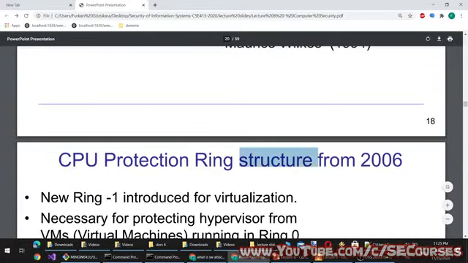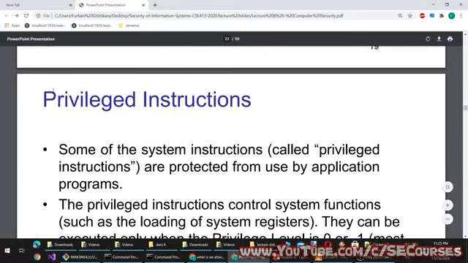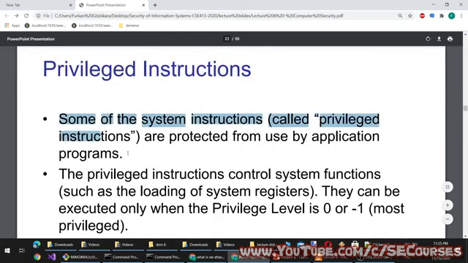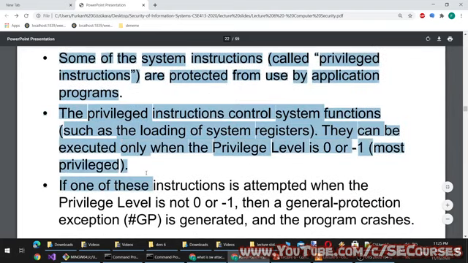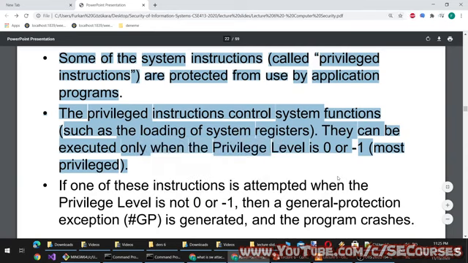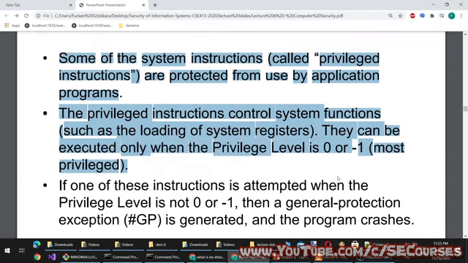So this was introduced in 2006, and there are privileged instructions. Some of the system instructions, called privileged instructions, are protected from use by application programs. The privileged instructions control system functions, such as the loading of system registers.